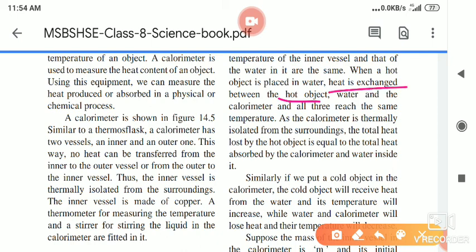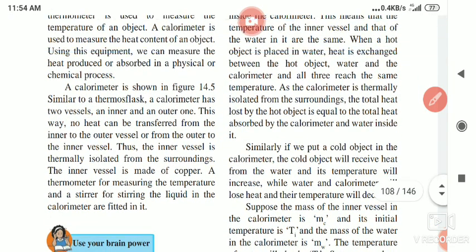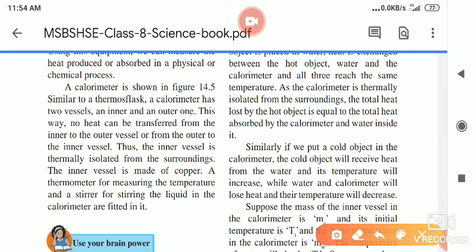The heat is exchanged between the hot object, water and the calorimeter, and all three reach the same temperature. Meaning the hot object's temperature, the water's temperature and the calorimeter's temperature, that is, the copper object. Till these temperatures are the same, the exchange of heat takes place.